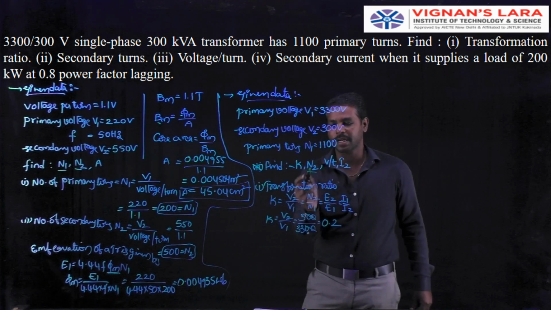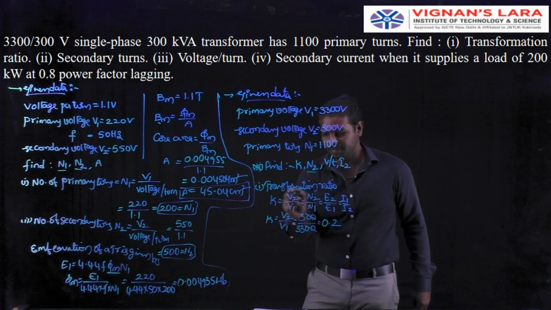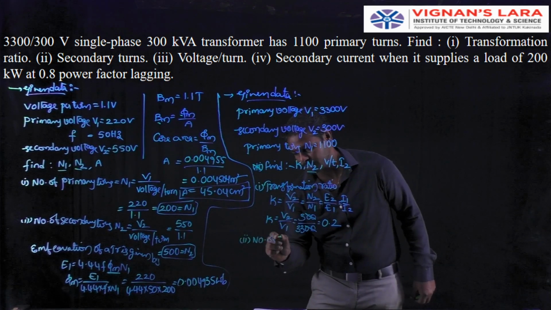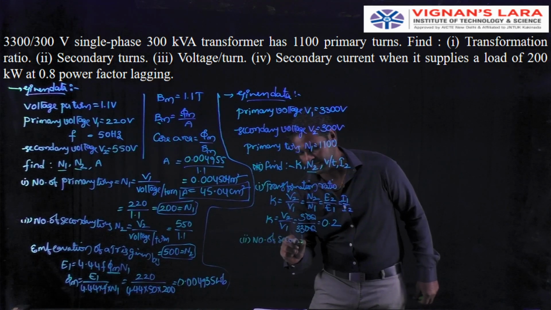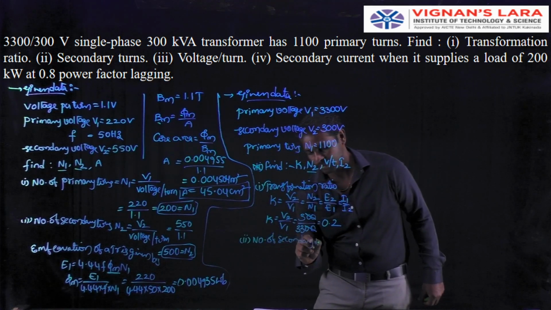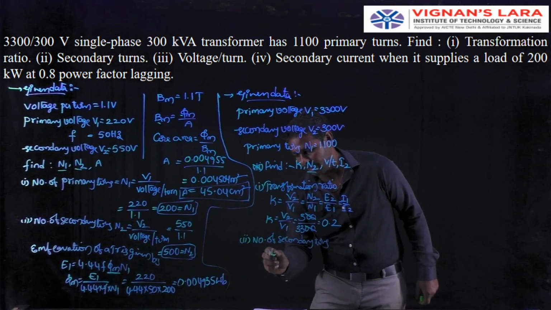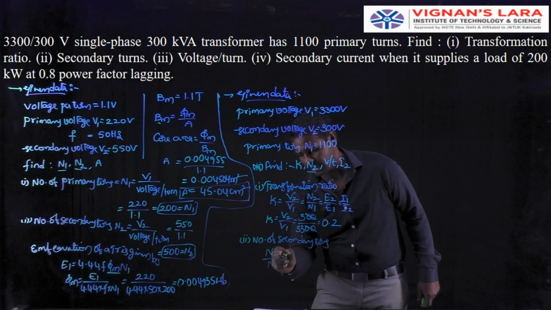So the number of secondary turns. By using this relation, N2 by N1 is equal to V2 by V1.